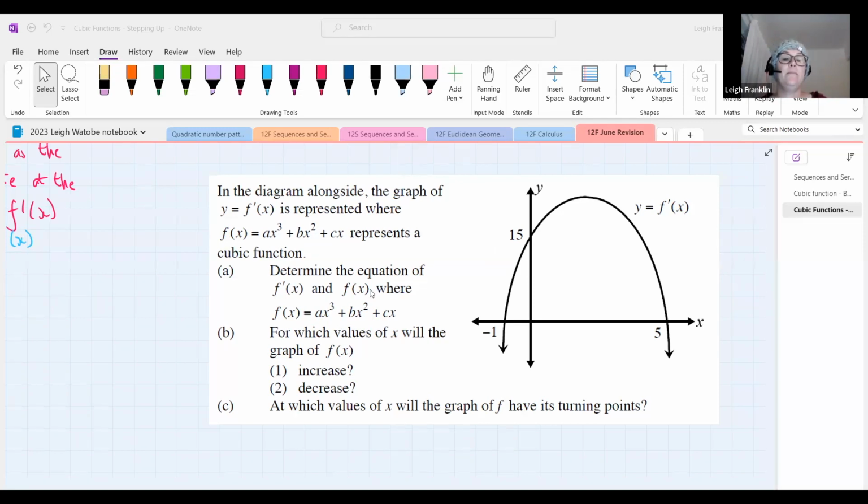Cool, Nhlanhla. And have you found the equation of f of x as well? Not just f prime x.